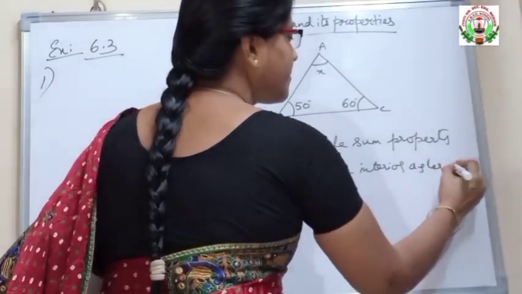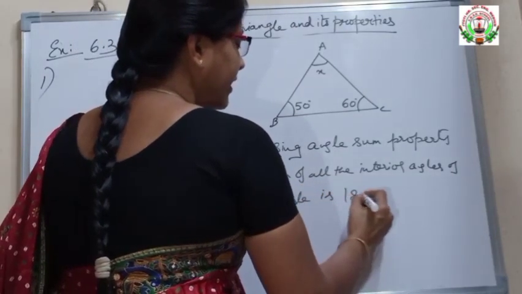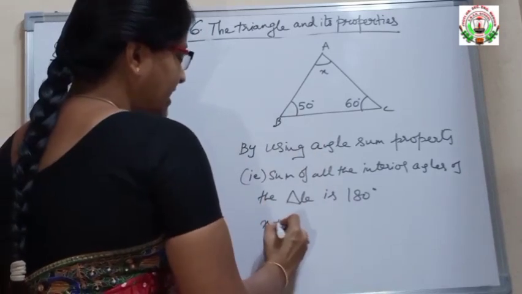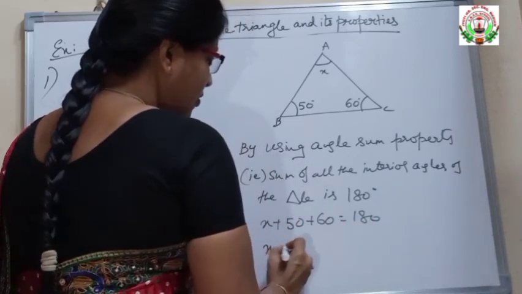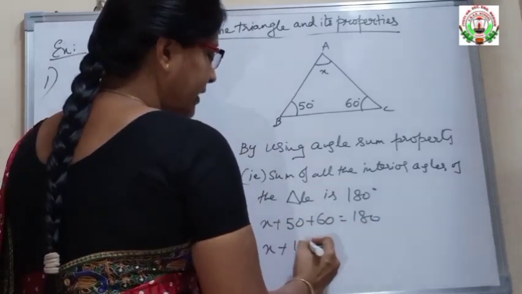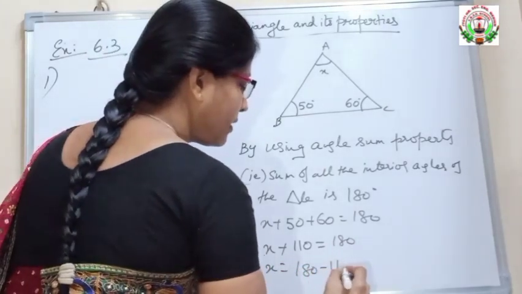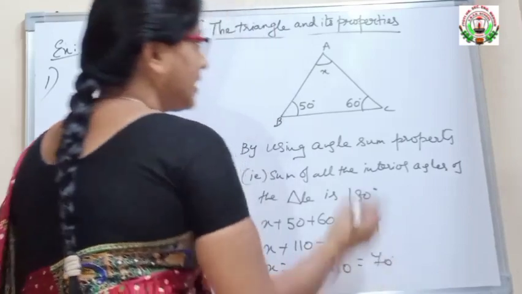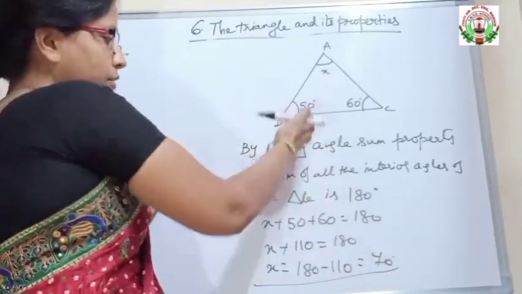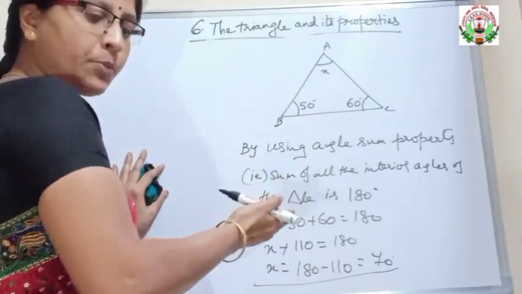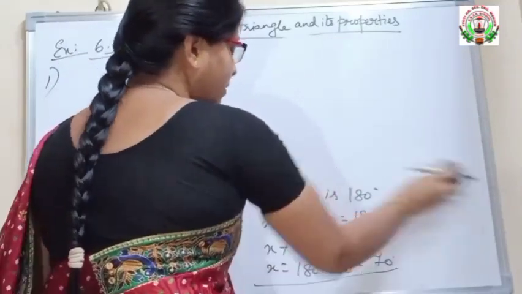So x plus 50 plus 60 is 180. So x plus 110 is 180. So x is equal to 180 minus 110, so it is 70 degrees. So this angle x is 70 degrees. This is your solution. In this way you have to solve the first part of the first question of exercise 6.3.